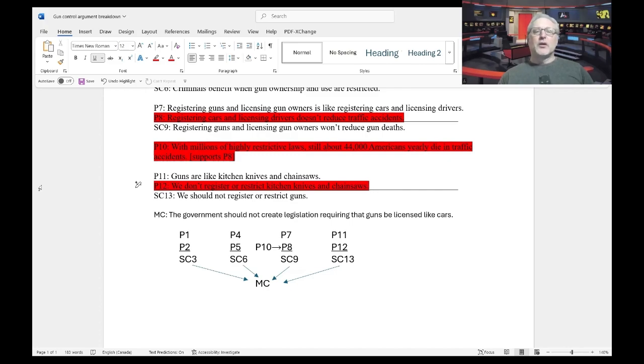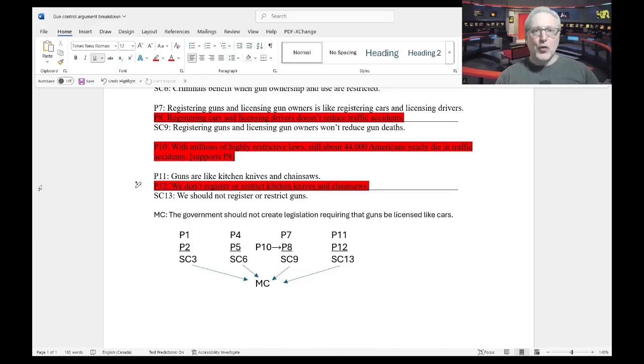One seemingly relevant difference is that kitchen knives and chainsaws are useful tools. You use kitchen knives to cut food and chainsaws to cut down trees, I assume. But guns are used for killing people.